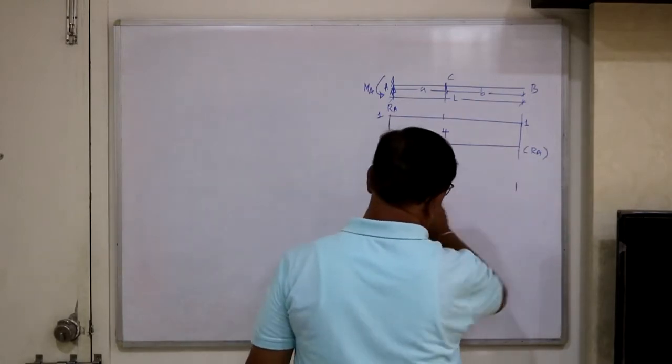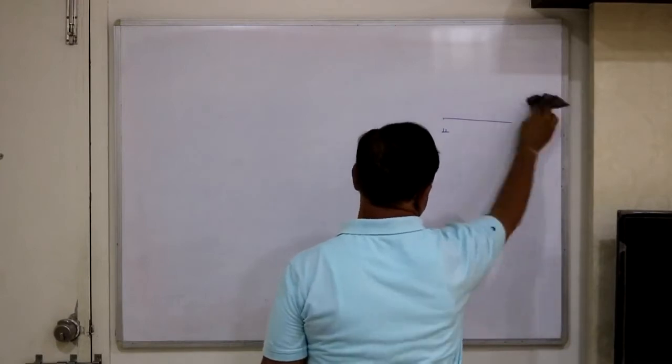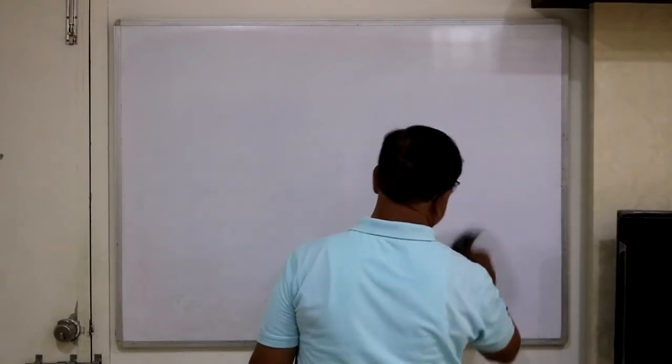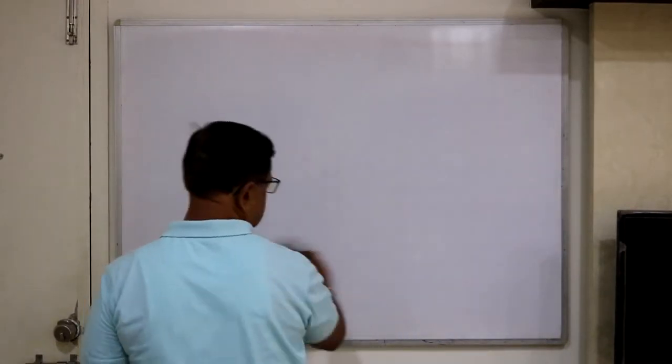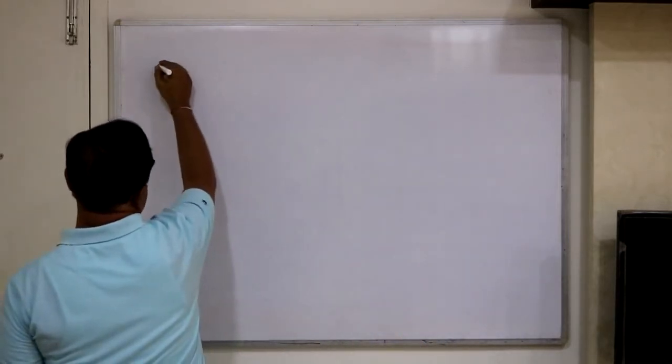So any type of beam that we will see, now suppose we have a beam like this.